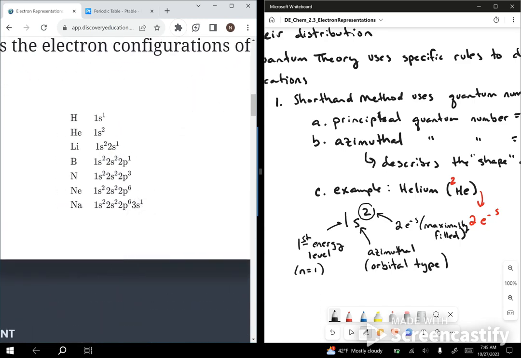So you can see how from hydrogen all the way to sodium, you're increasing from 1. Helium is still principal number 1. When you get to lithium, there's enough electrons. There's 2 in the N equals 1 level, and there's 1 electron in the N equals 2 level, right? So you can just kind of see how it goes to boron, to nitrogen, to neon, to sodium at the very end here, Na.